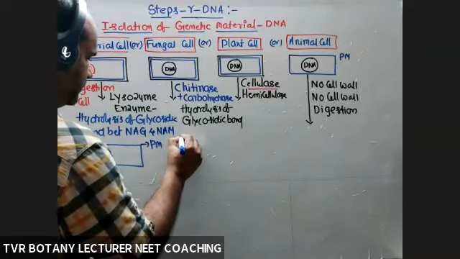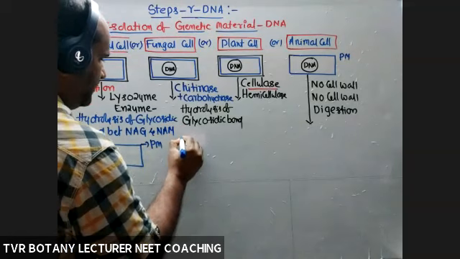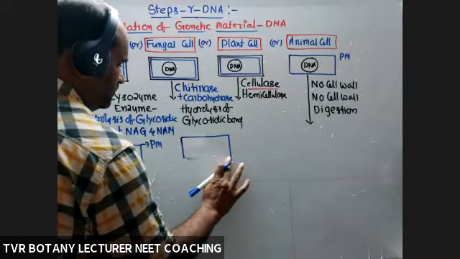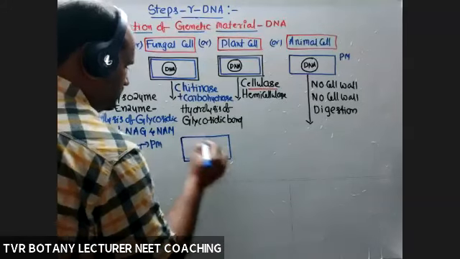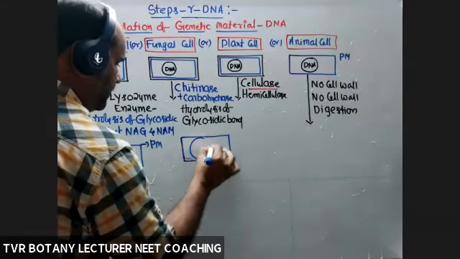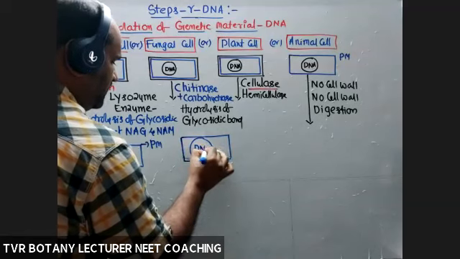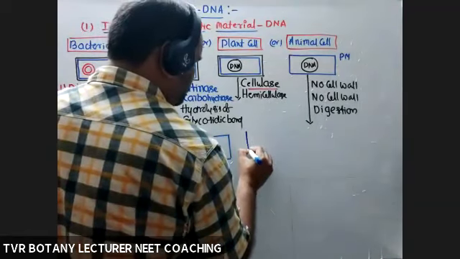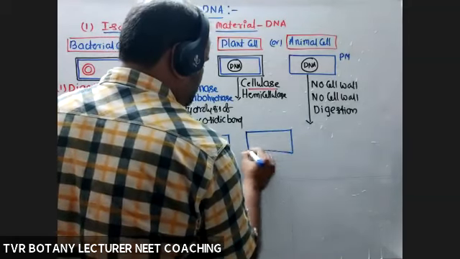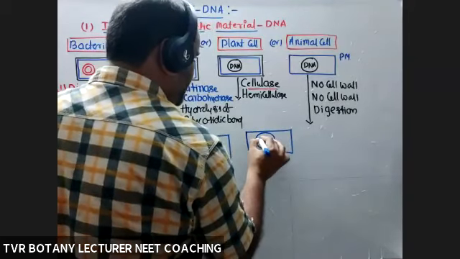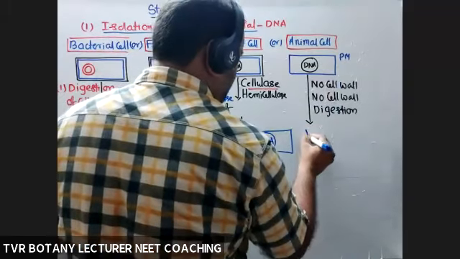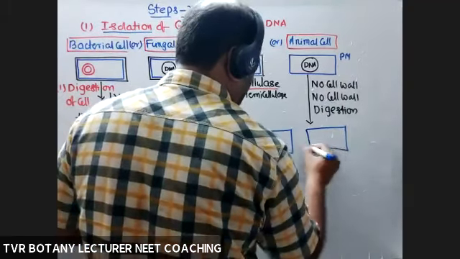In this case also, plasma membrane, nuclear envelope, DNA molecule. Here also, plasma membrane, nuclear envelope, and genetic material, DNA. Already it is with the protoplast only.